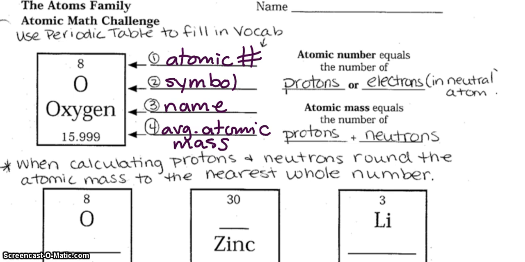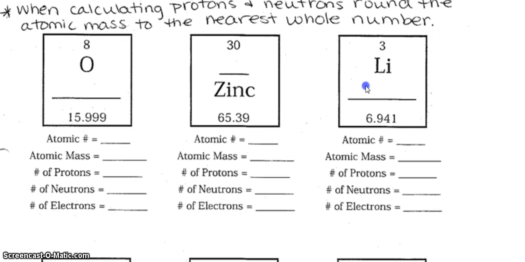Your symbol is always going to be one capital letter or one capital and one lowercase letter. What you will then do is use the data that's provided to fill in the gaps.